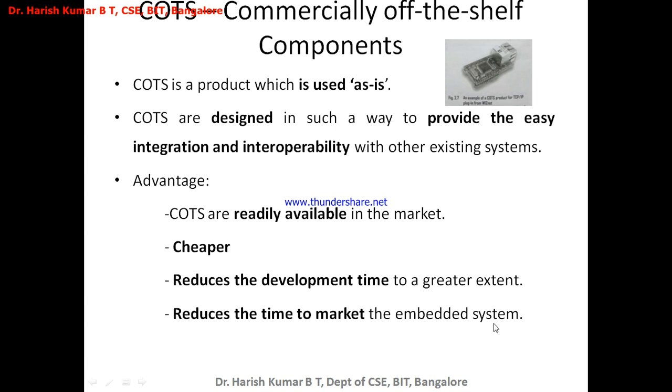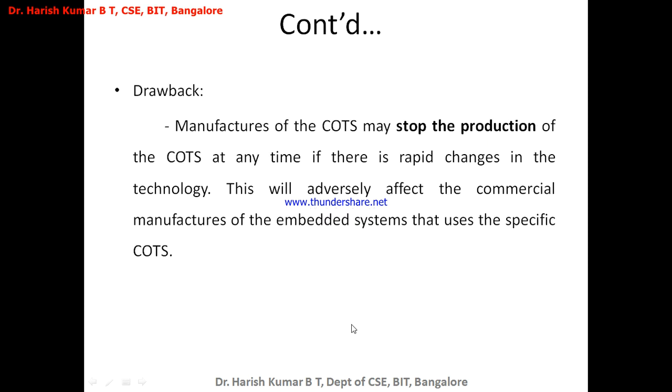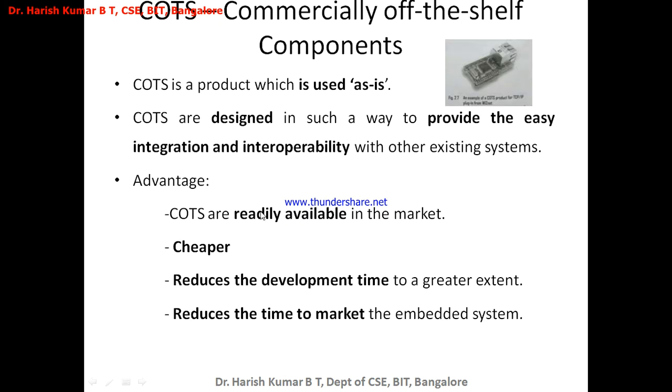Since you're using readily available COTS components inside your embedded system, you can make it come to the market in a very short span of time. Those were the advantages of using COTS.